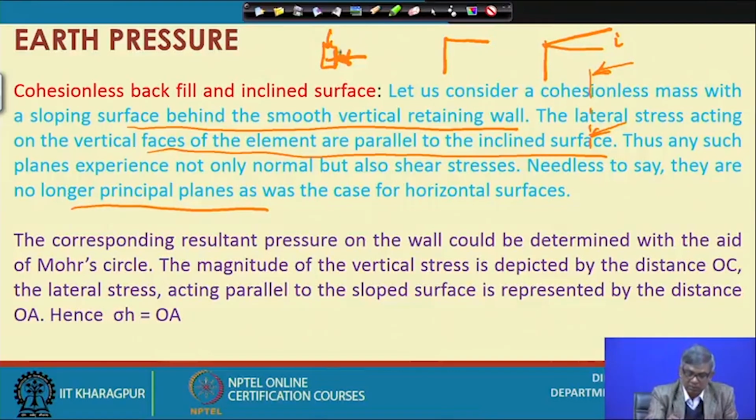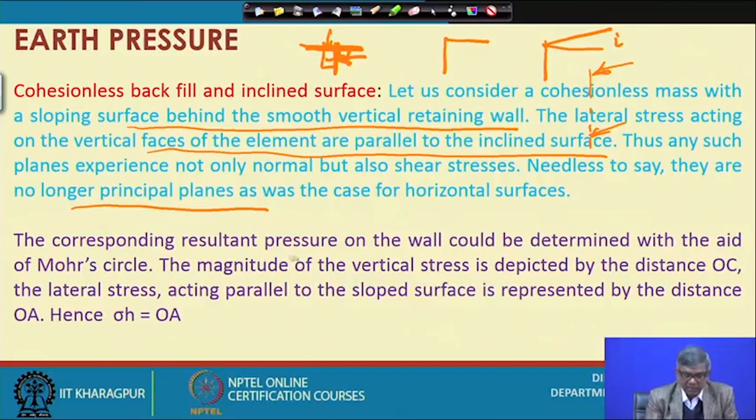Whatever planes we had got earlier were actually principal planes. But now, when you consider the inclined backfill, an element at any depth will not have principal planes, and on those planes both normal and shear stress will be there.